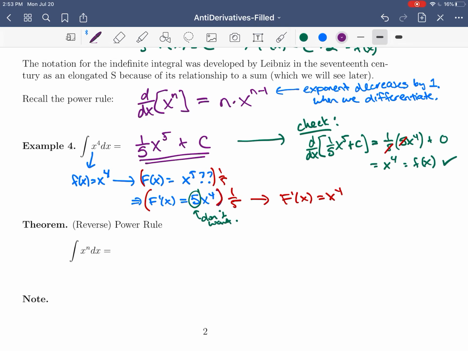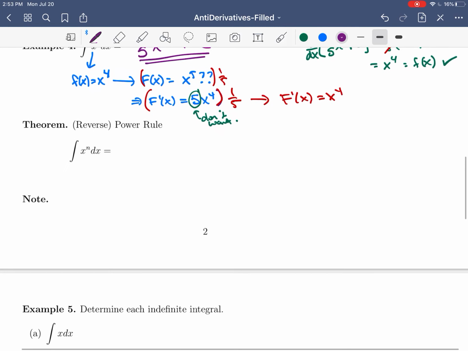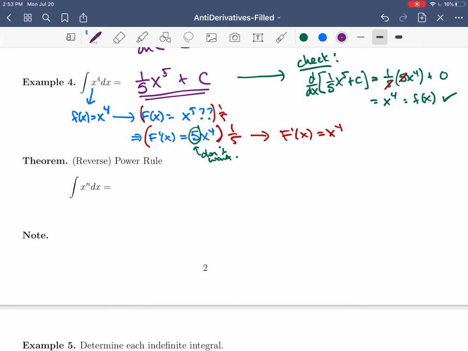So using this idea, we have an analogous version for antiderivatives of the power rule. I call it the reverse power rule. If you want to integrate or find the indefinite integral and your function is a power of x, so x to some n, what you can do is you take x to the power 1 higher.